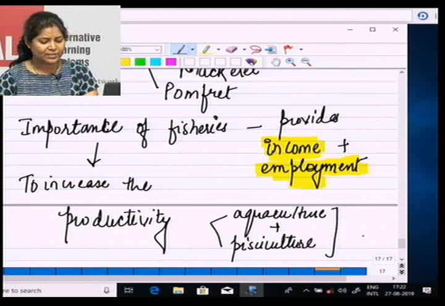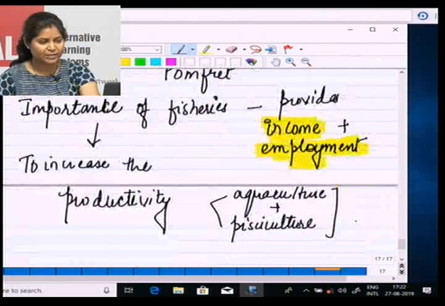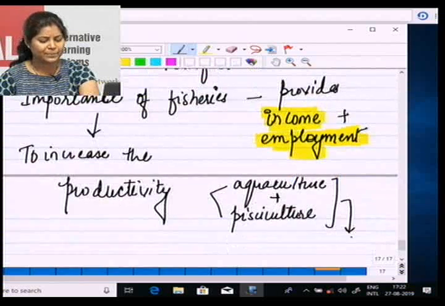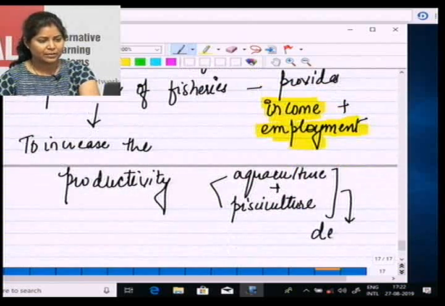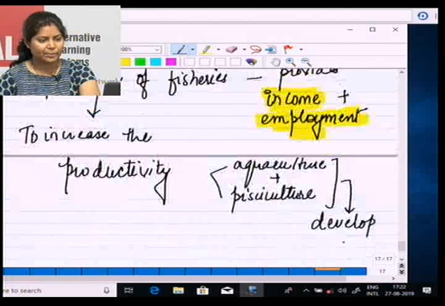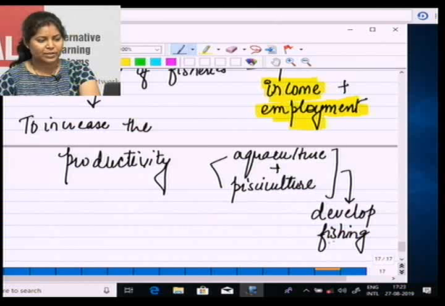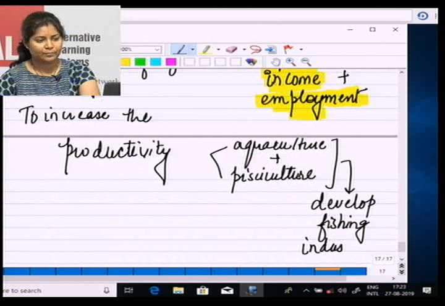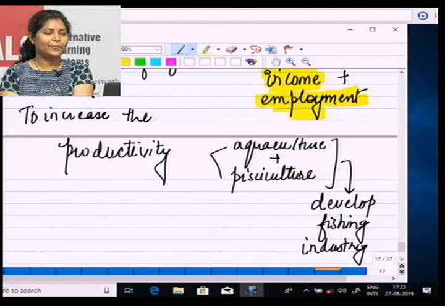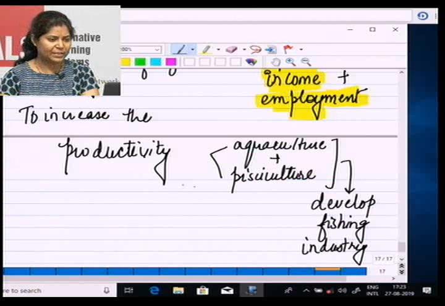So what are aquaculture and pisciculture? These are the techniques to develop the fishing industry. They actually develop the fishing industry. So you have to do aquaculture, you have to do pisciculture.